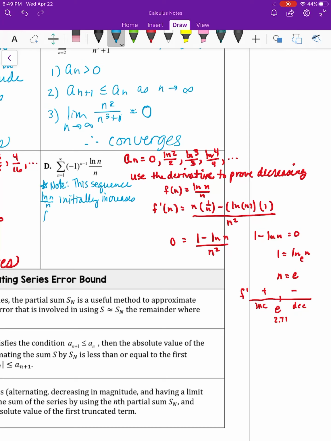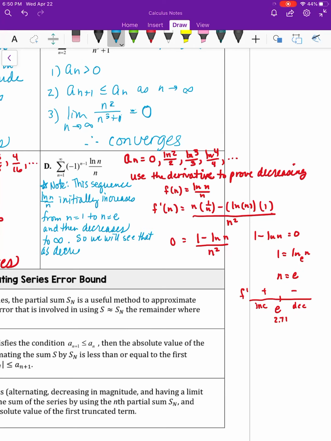So I'm just going to write here, just so you guys can remember, and you might want to write this too. Note, this sequence ln n divided by n initially increases from n equals 1 to n equals e. Although we're not really using e, right? So really it's only for 1 and 2. And then at 3 we're fine.